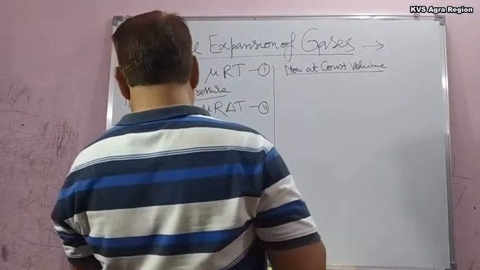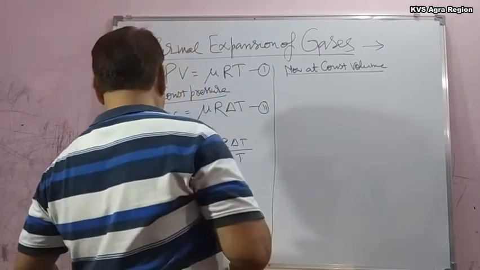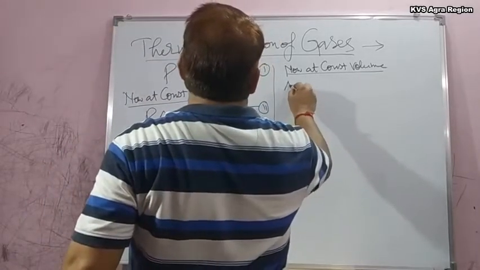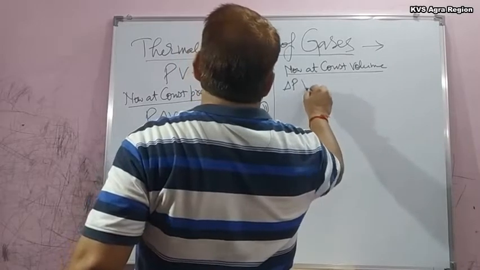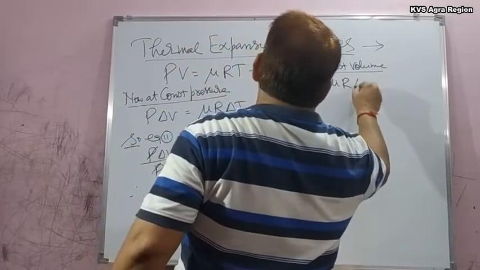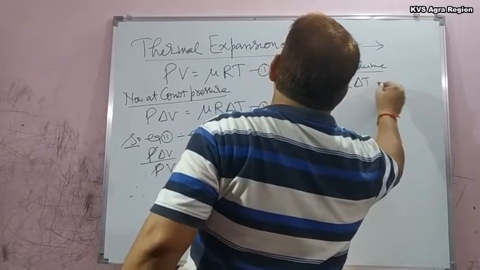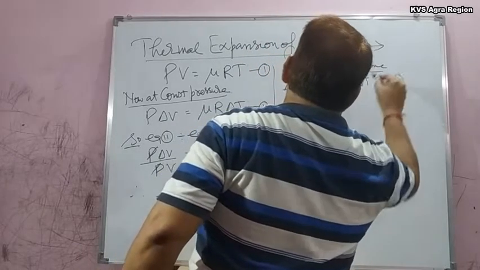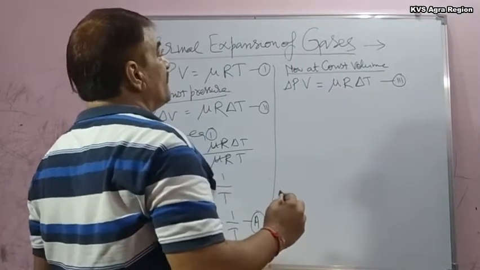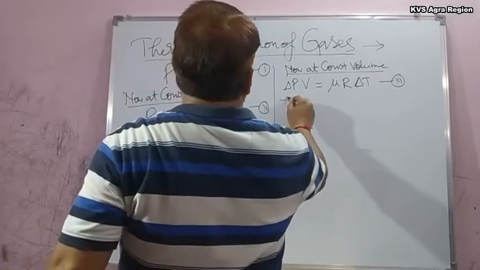So we would have delta P V equivalent to mu R delta T. Let me name it equation 3.